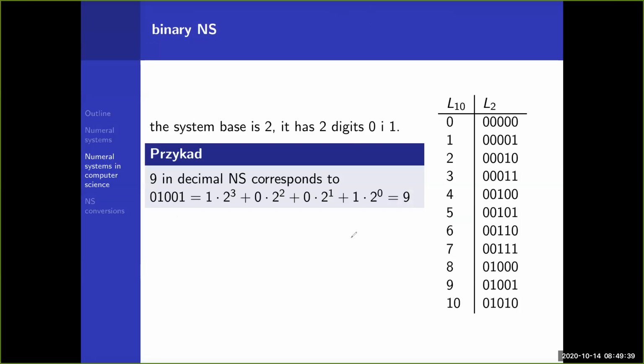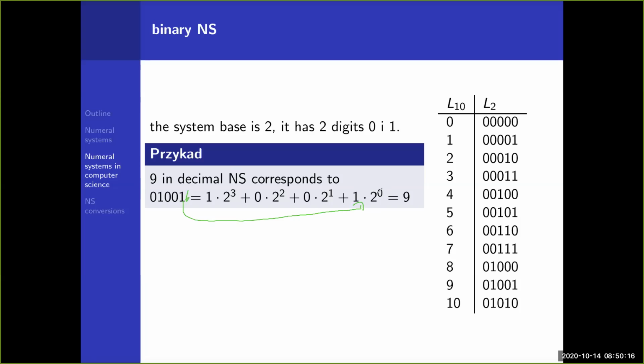Here we have an example, the binary value 01001. We calculate it the same as in the decimal system. I take the first digit and calculate its value by multiplying by the base of the system raised to the exponent which refers to its position.